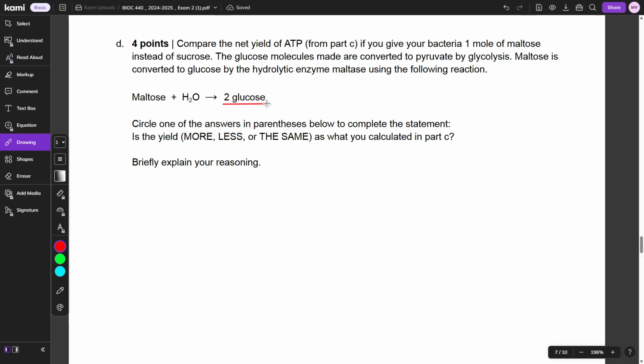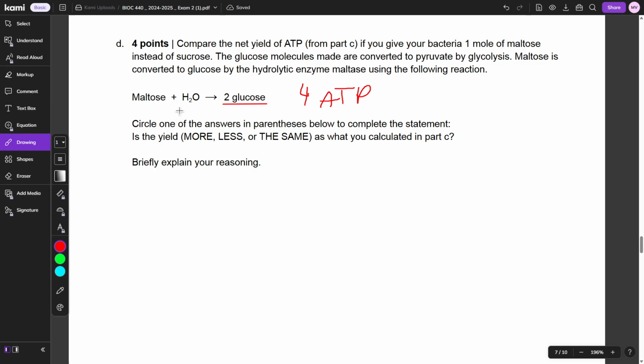If I put 2 glucose molecules in, I'm putting in 2 ATP for each one, and making 4 for each one. That means I'm putting in 4 total ATPs and making 8. If we're putting in 4 and making 8, the net is going to be 4. So the net for this reaction is 4 ATP.